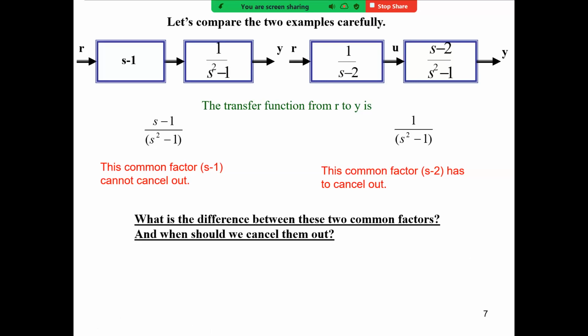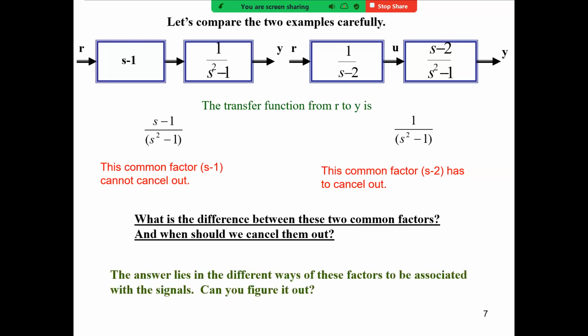Then, what is the difference between these two common factors? Or what's the difference between those two situations? And when should we cancel them out? The answer lies in the different ways of these factors to be associated with the signals. Can you figure it out?